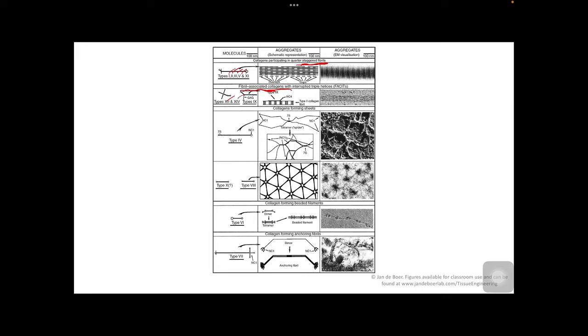But mainly collagens that make sheets. Sometimes you need that kind of aggregation, which is collagen type 4. Collagens that make beads to be integrated into filaments, which is collagen type 6. So there are different types of collagens, right? And you will see different types of collagens.